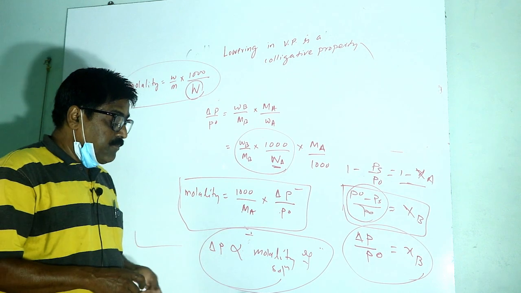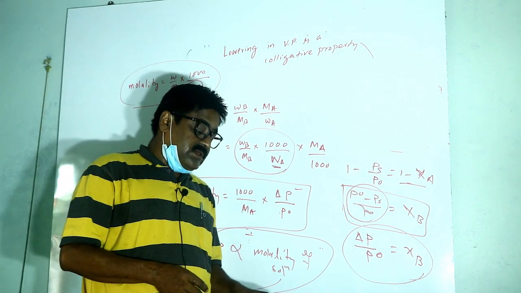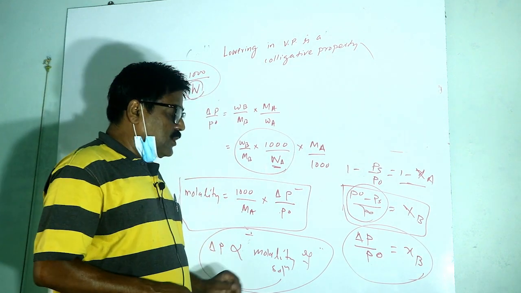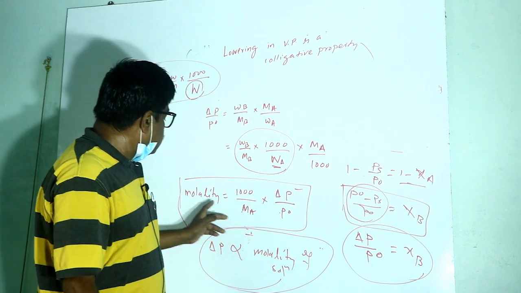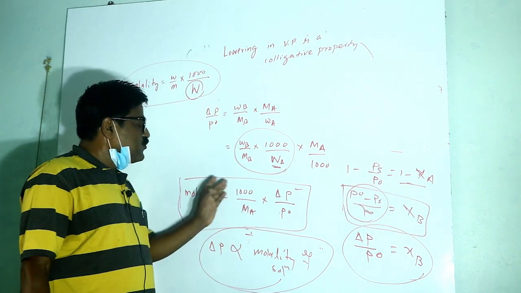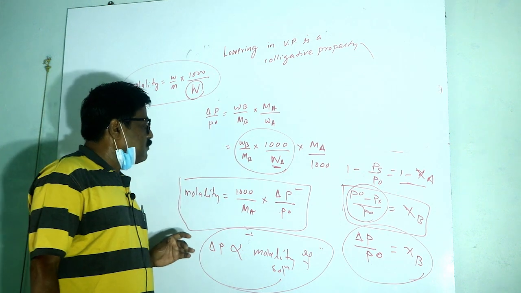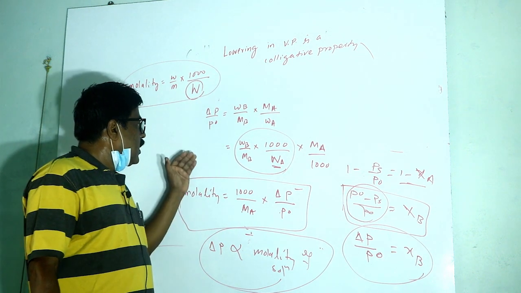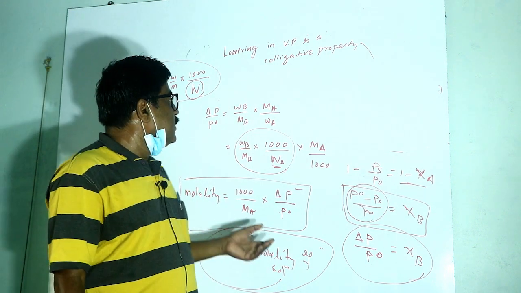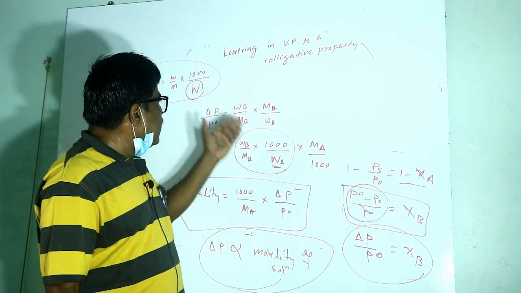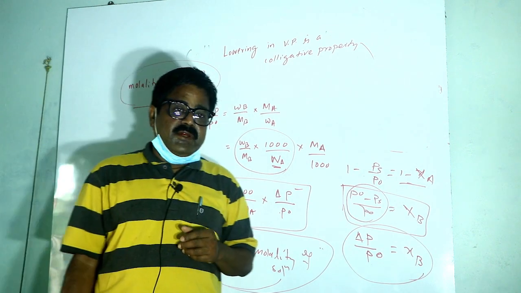This again gives the same relation, that lowering in vapor pressure depends on the molality of the solution. In the next class, based on this formula, we will consider some examples and problems, and then I will discuss another colligative property, that is elevation in boiling point.